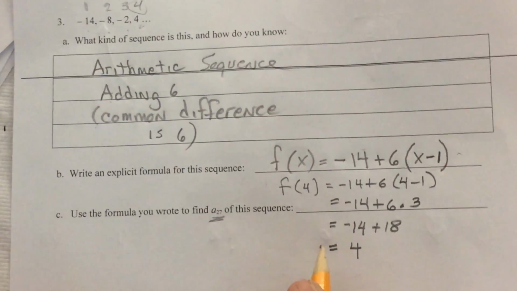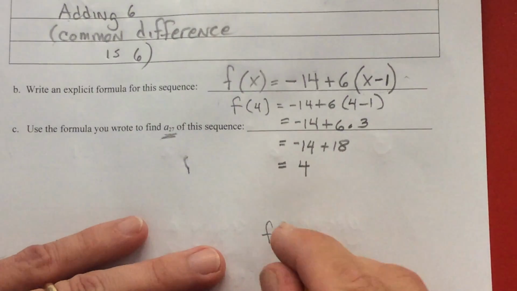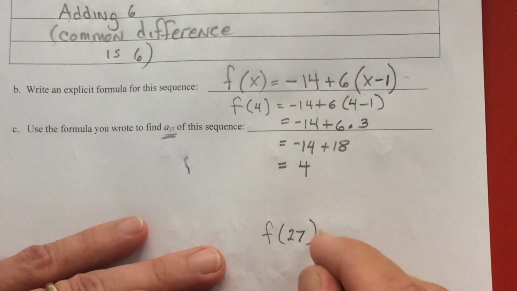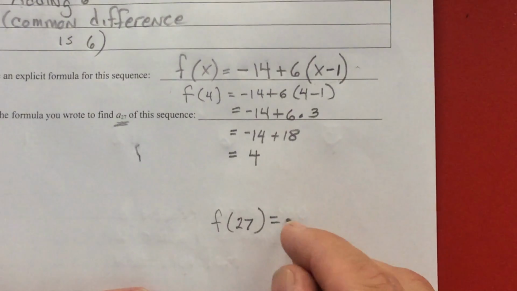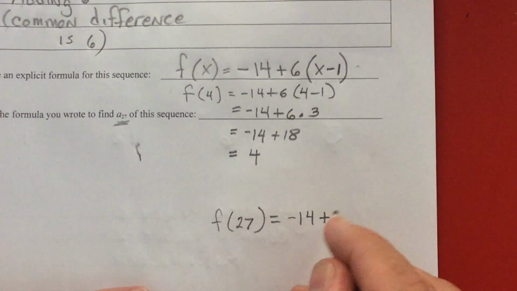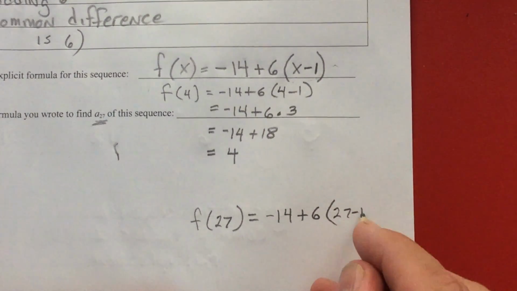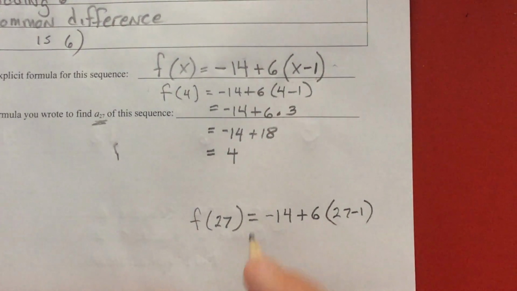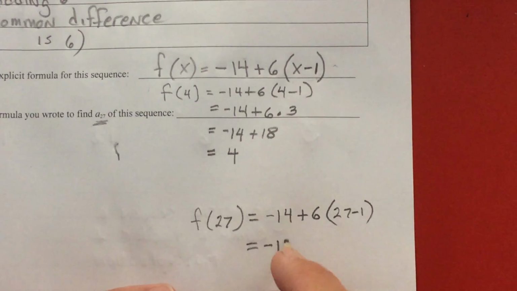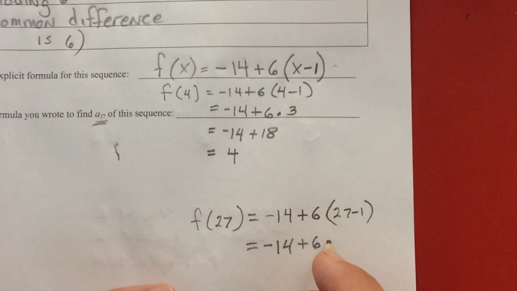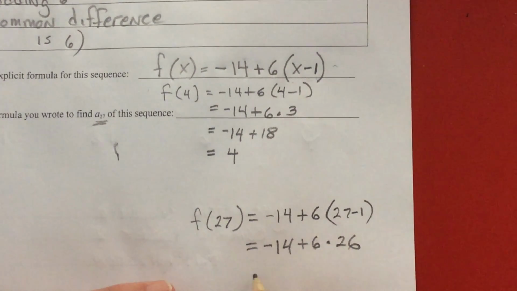So, 27th term, let's see. F of 27 is equal to negative 14 plus 6 times 27 minus 1. That's negative 14 plus 6 times 26.